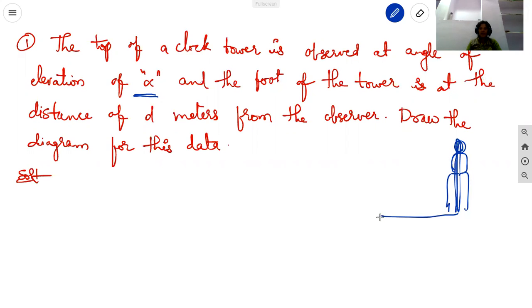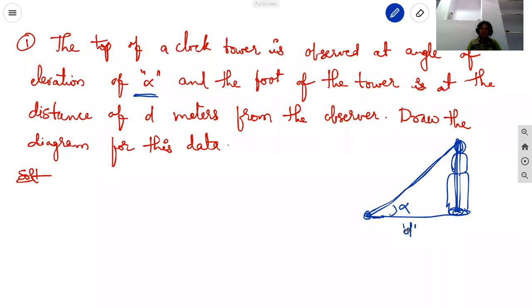Here, the angle of elevation means we are on the earth and we see the top of the tower. That angle is alpha. The foot of the tower is at a small d distance. This is the foot of the tower, and we are standing here, some distance from the foot of the tower.